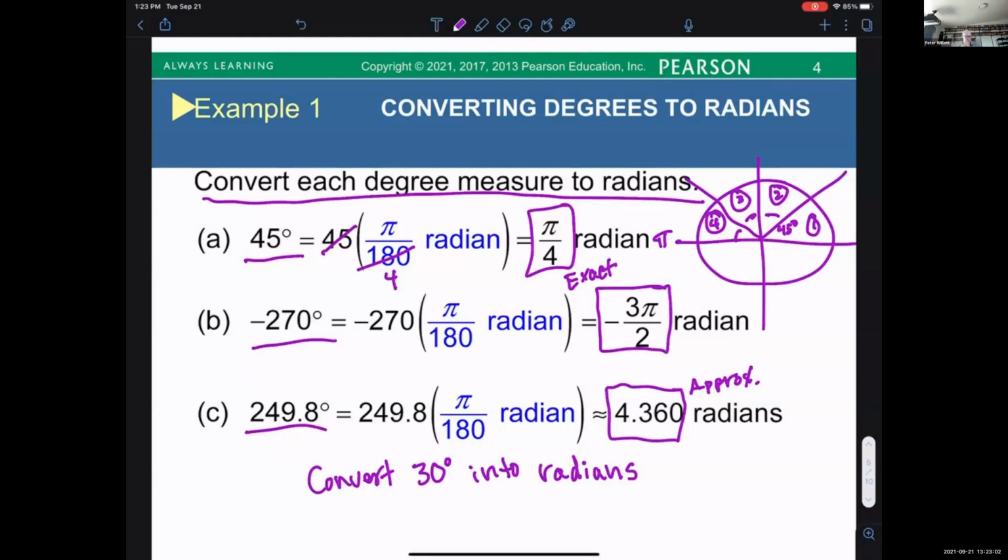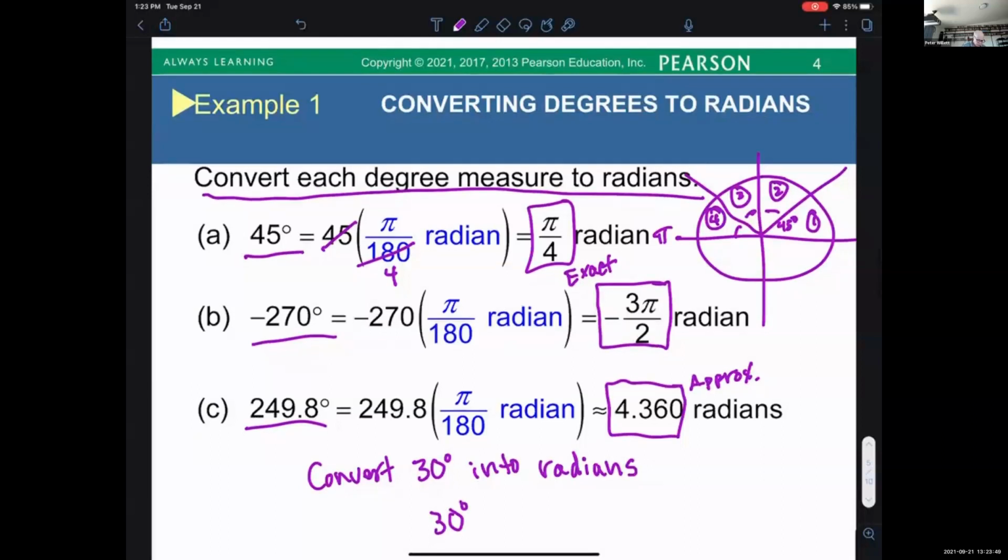Anybody have a suggestion for the solution for 30 degrees, what that would be in radians? Pi over 6 radians? Yeah, so we'd say pi over 6. That's exactly right. Thank you for that. So what I would do is, as they did in these examples, I would take this number to convert it to radians.